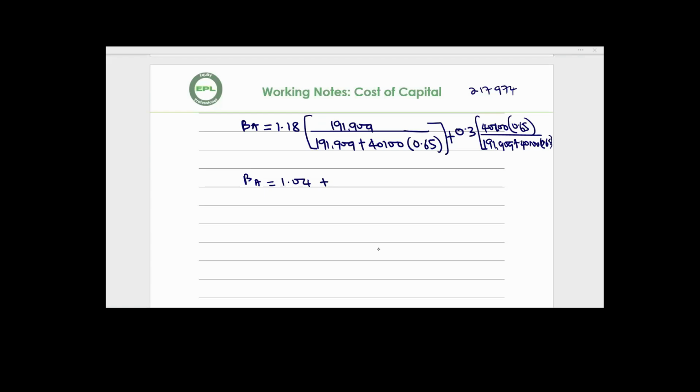Something is wrong. Oh, mistake. 4,100 multiplied by 0.65. I used division. Then divided by 217,974. Okay, equal.